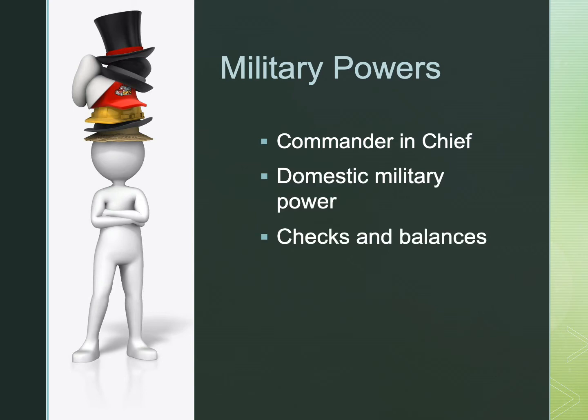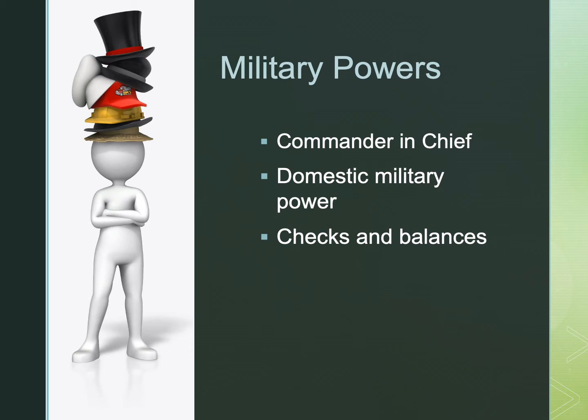Your textbook talks about how the commander-in-chief power also leads to the president playing a role in the domestic military power. A lot of times when we think about military power, we think about exercising that power overseas, internationally. But the commander-in-chief role also applies to what takes place in the United States.